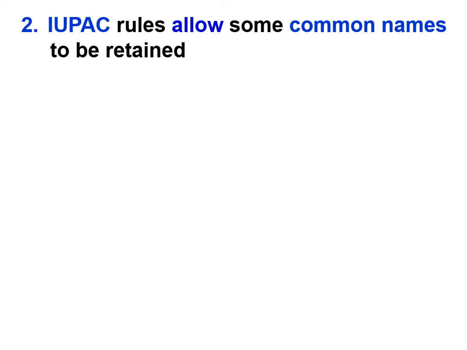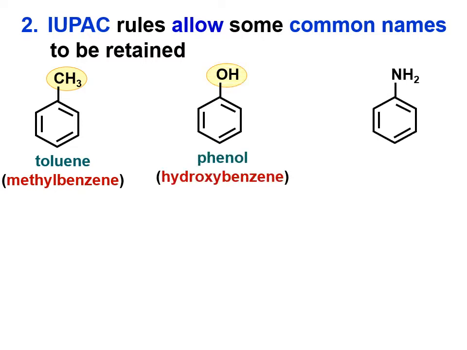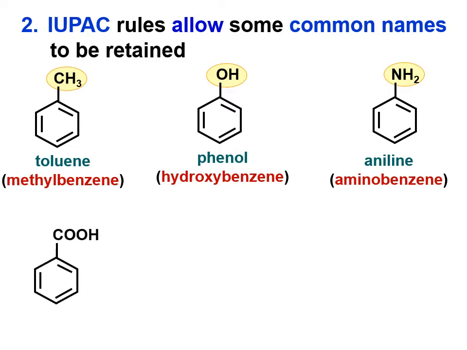IUPAC rules allow some common names of the benzene to be retained. So there are 6 benzenes with common names which you need to memorize. When you have the methyl group as a substituent, the common name is toluene. Hydroxyl group as a substituent is called phenol. And then amine, the common name is aniline.